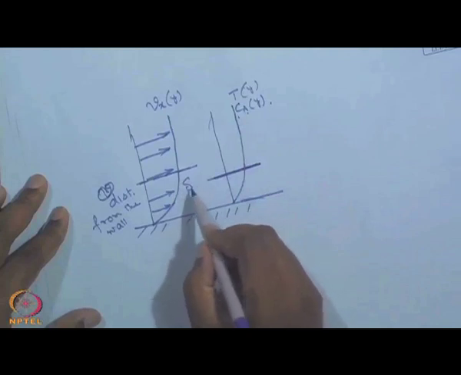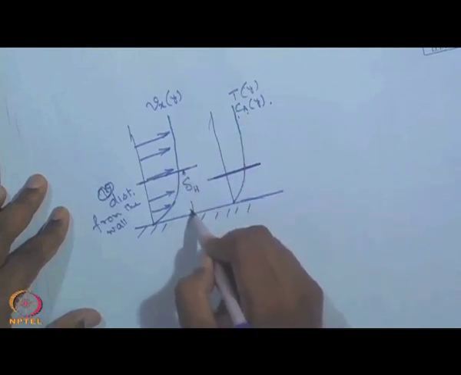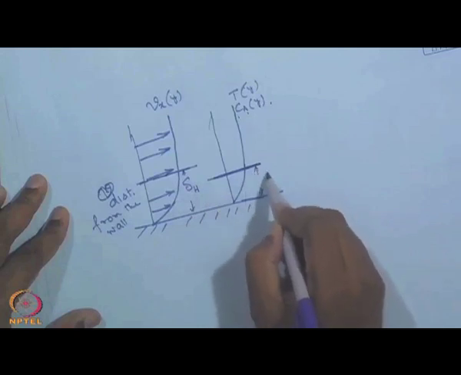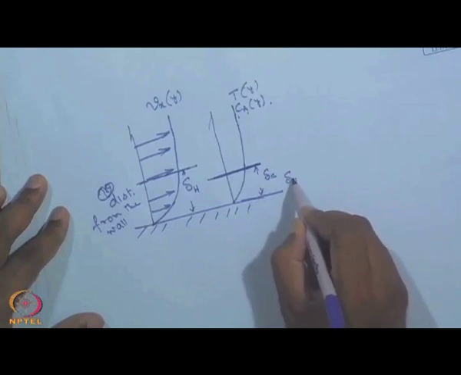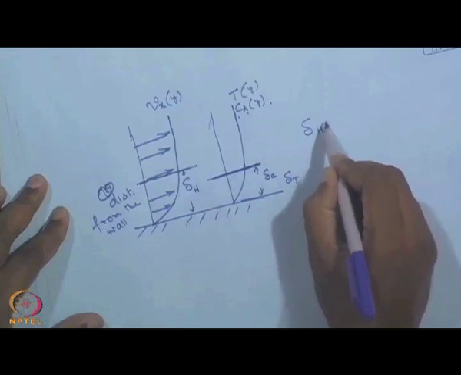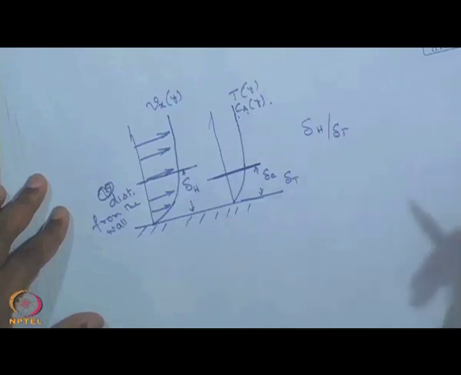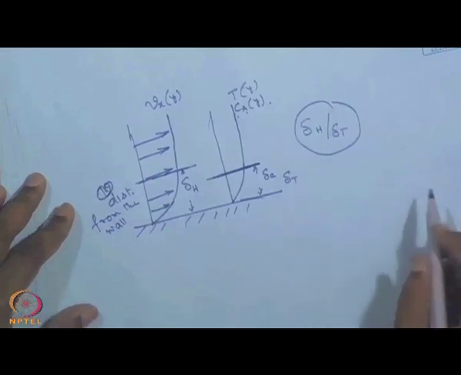This is known as the hydrodynamic boundary layer thickness, and this could be the concentration boundary layer thickness or the thermal boundary layer thickness, and the relative magnitudes of delta H or delta T can be expressed in terms of the similarity parameters that we know.